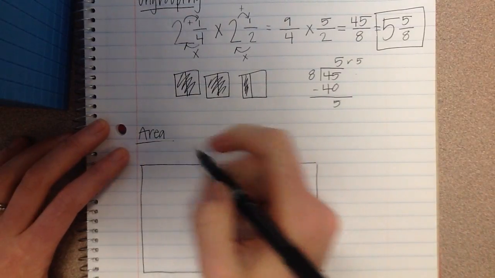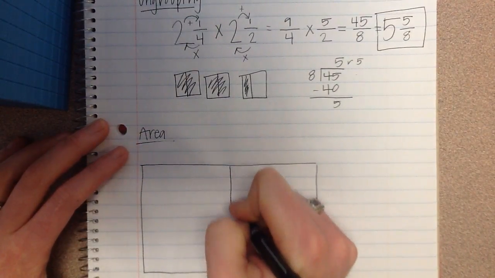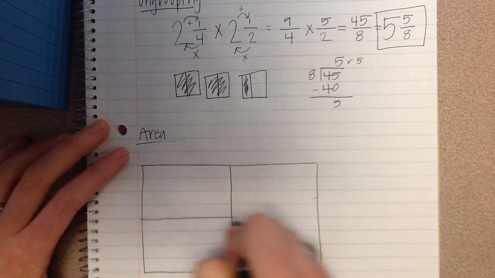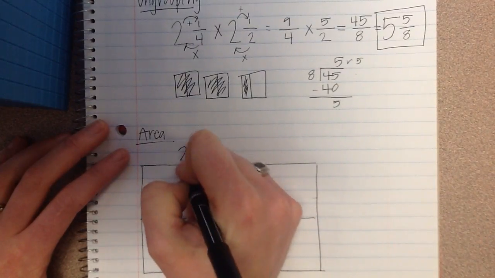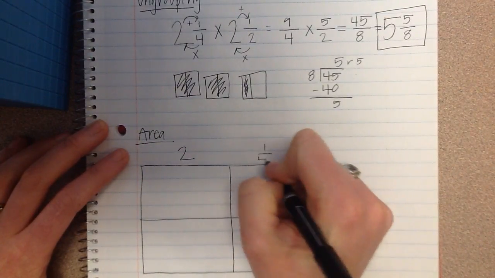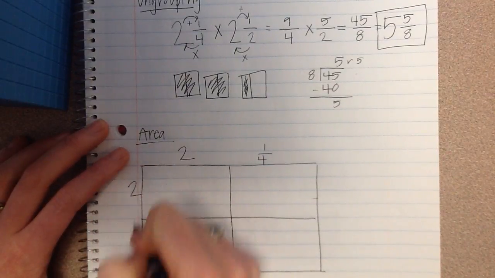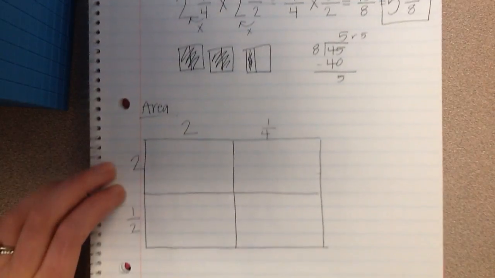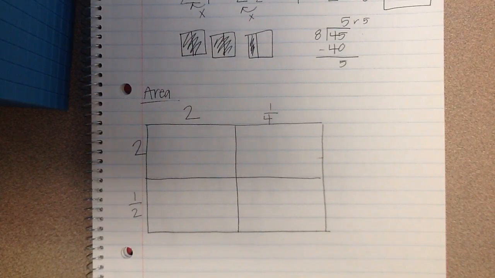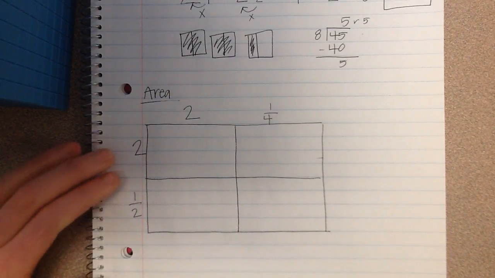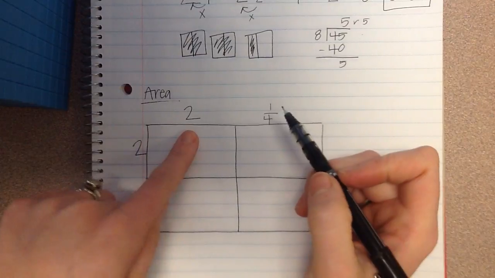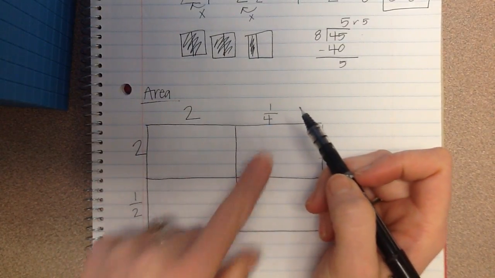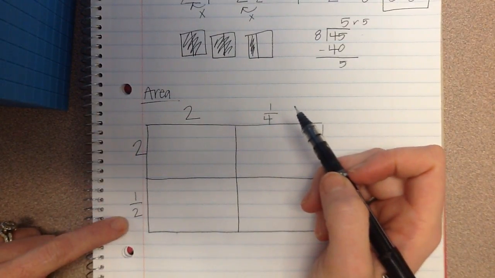So I'm going to break it into fourths. 2 and 1/4, 2 and 1/2. Oh, sorry, it's a little hard for you to see. So what I have here is I've broken up 2 and 1/4 and 2 and 1/2.